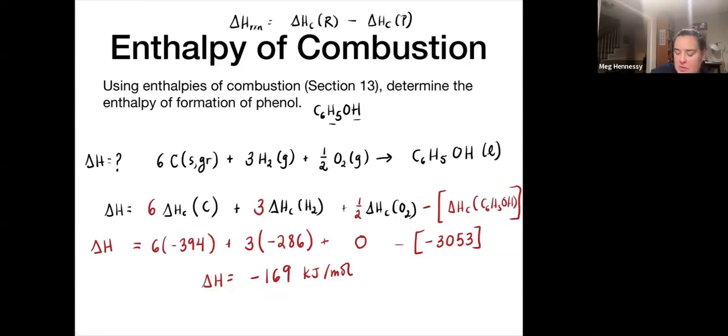And we did that using the delta H's of combustion. And we knew where to look in the data booklet because the problem statement almost always tells us. So there's no mystery there. You're not going to be sitting there thinking, where do I look? You're going to be directed to, please use section 13 to solve this problem. And whenever you use section 13, reactants minus products.